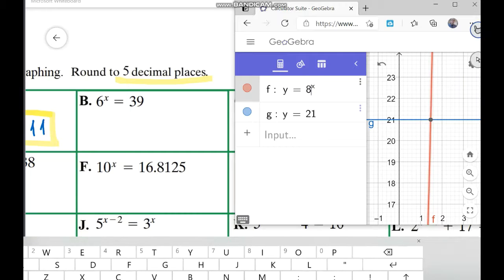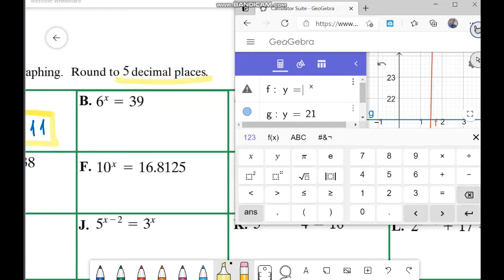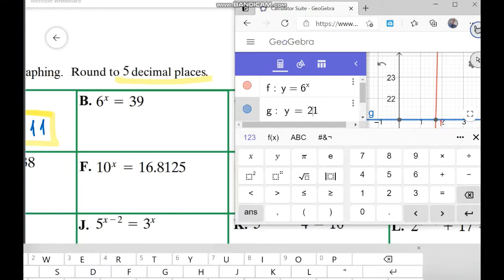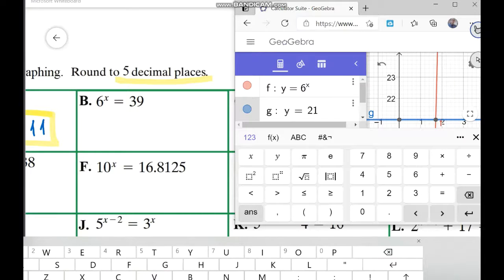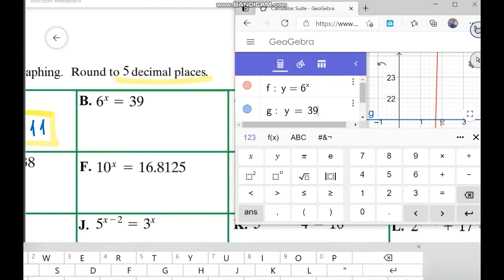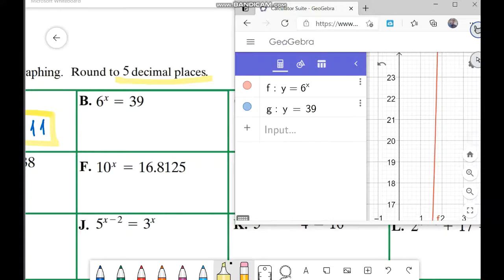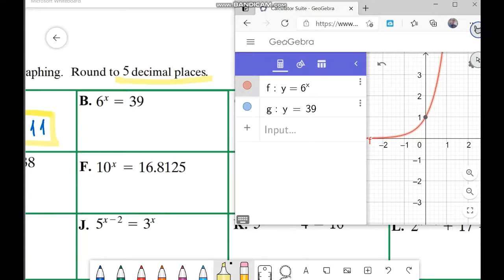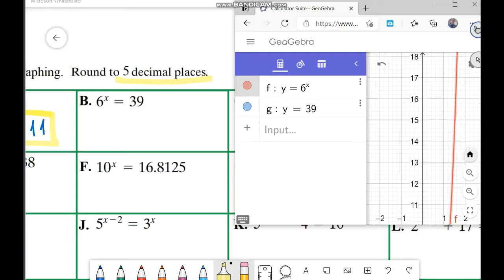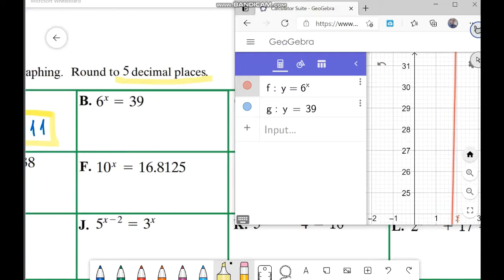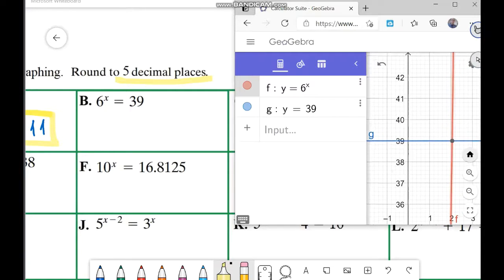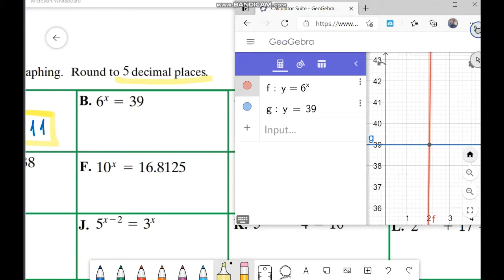I can take the chance to work on letter B, 6 exponent x. The first line is going to be 6 exponent x. The second line is 39. Enter. Now find the intersection. The intersection is going to be up, up, up. We need 39 right here.